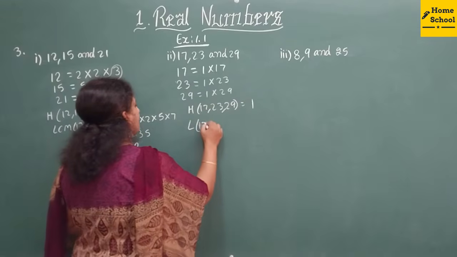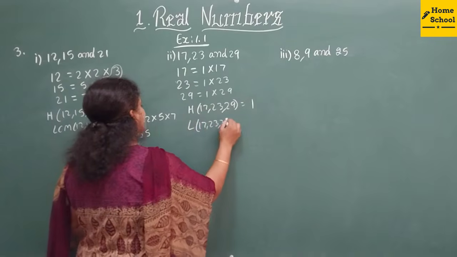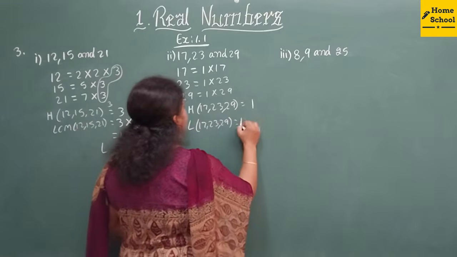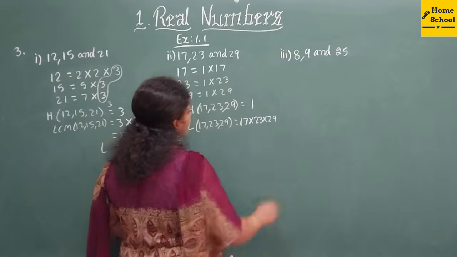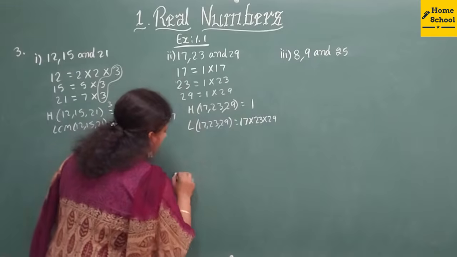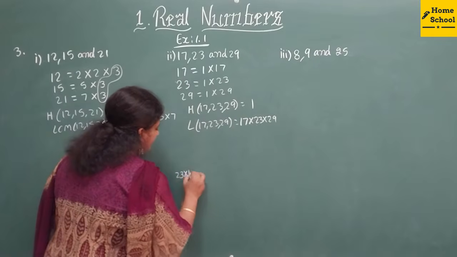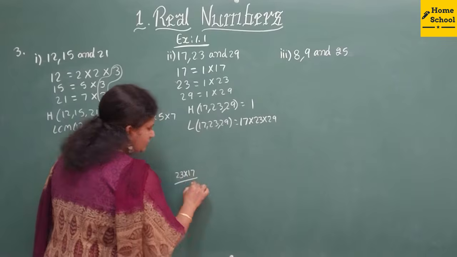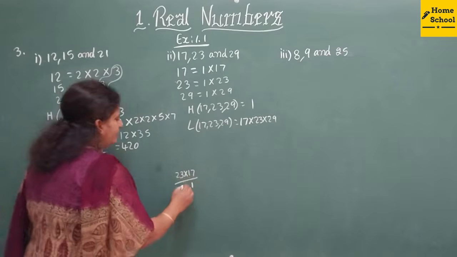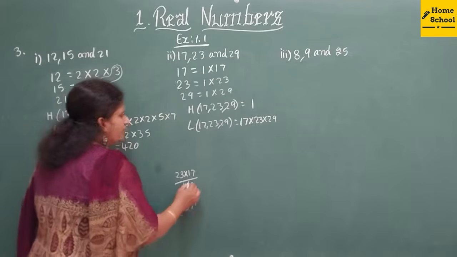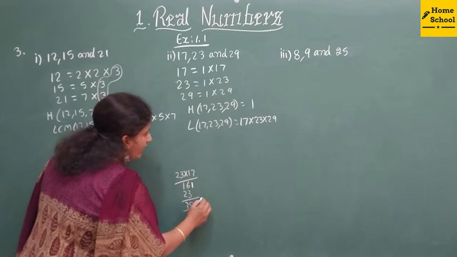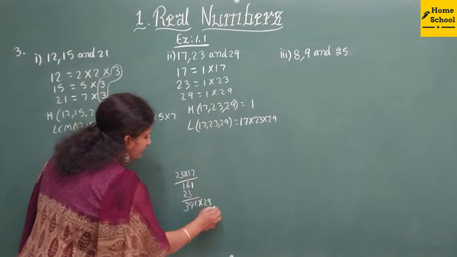LCM of these three numbers is multiply all the three numbers, 17 into 23 into 29. Multiply slowly, 23 into 17. 7 3s are 21, 14, 16 and this is 23, 1, 9, 3. Again 391 into 29.